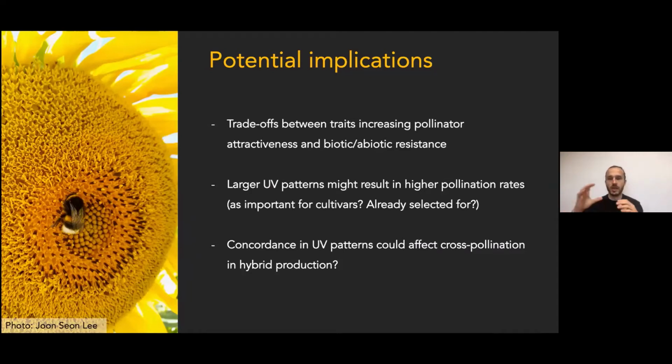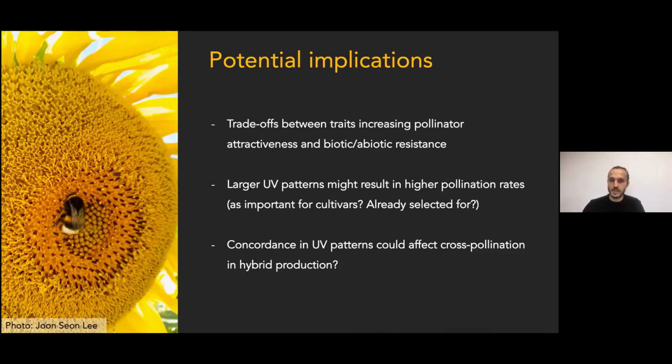But also, as you've seen, the disc is always UV absorbent. The disc is where the pollen is, and the pollen is what insects are mostly interested in in sunflowers. So the larger the area, it kind of simulates a larger abundance of pollen, right? And cultivated sunflower already have such a large disc that maybe it doesn't make quite the same difference.